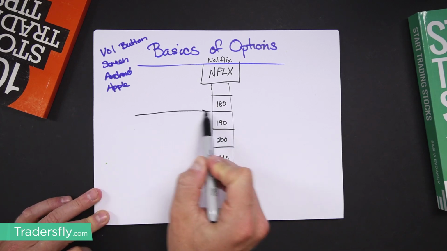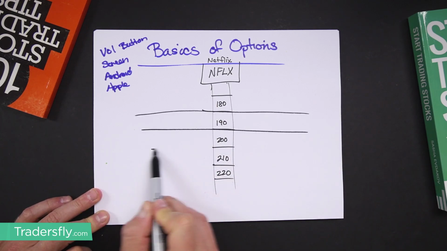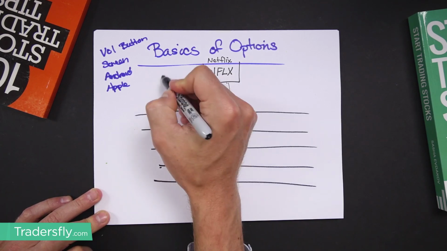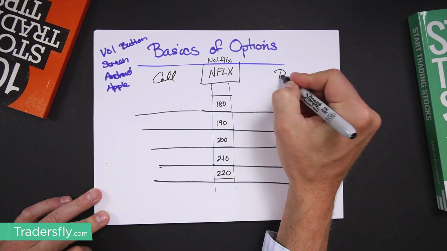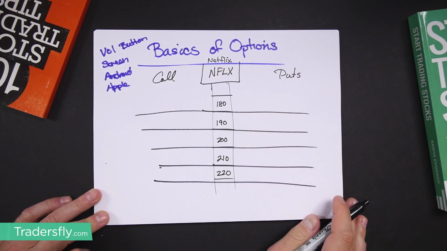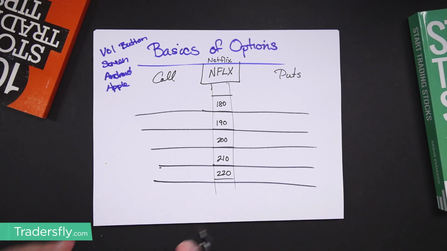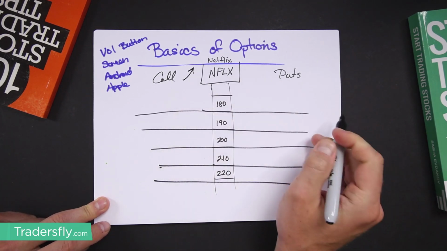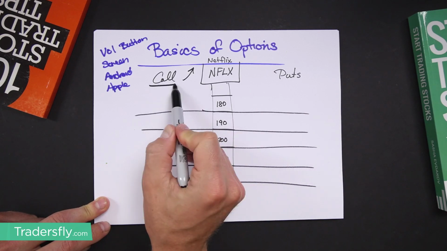Now, as we look at this, we'll just draw this out. Here's our trade grid. Are we looking at calls and puts? Here's a little bit different when it comes to trading options. Stock prices can go up and down. If you're normally a buyer, you're looking for things to go up on the call side.